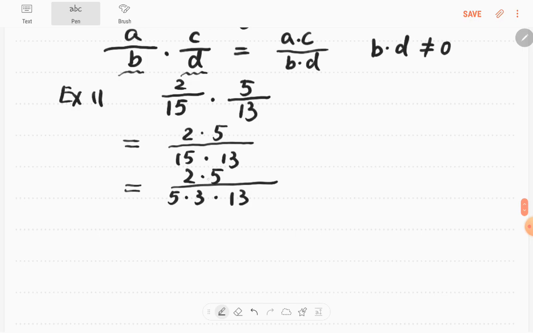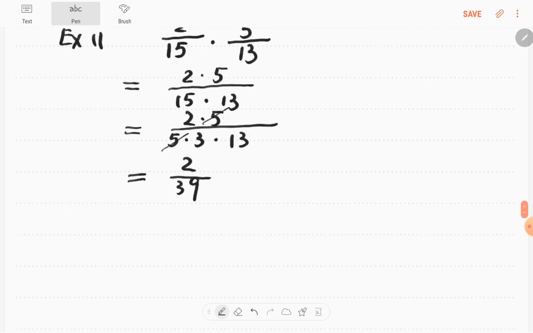Then we realize both numerator and denominator have 5, so we cross out 5. Then we will get 2 over 39 as our final answer. And 2 over 39 is already the simplest form of the fraction.